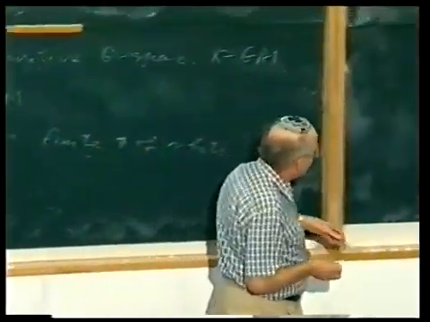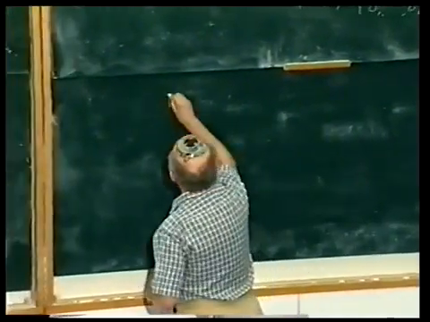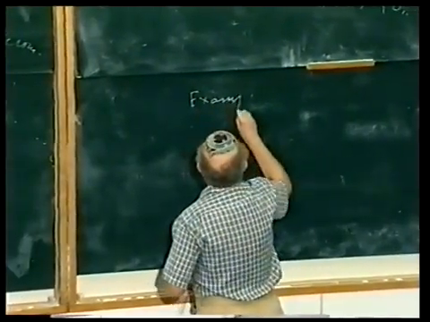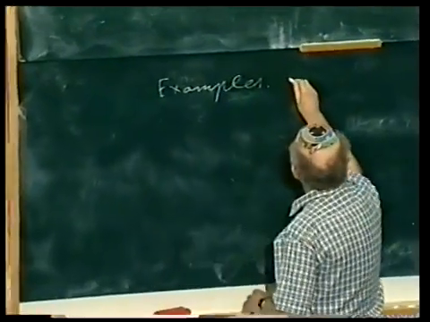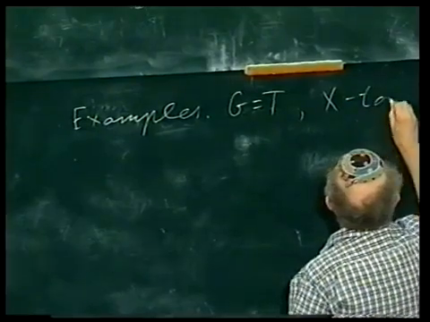So examples which I know are the following. First, G is a torus, and X is a toric variety.